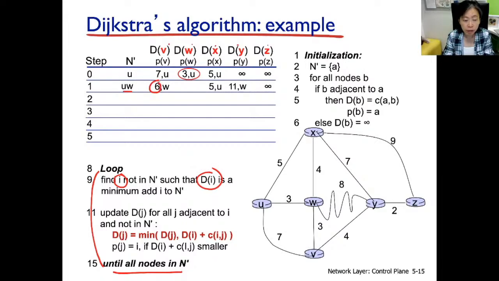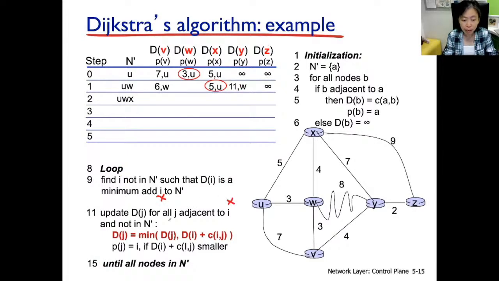So dv 6, dx 5, dy 11, dz infinity, which one is the minimum? X is the one we're picking this time. So we'll include X into the N prime set. And we see X here is the I.